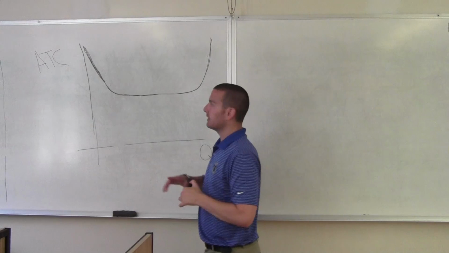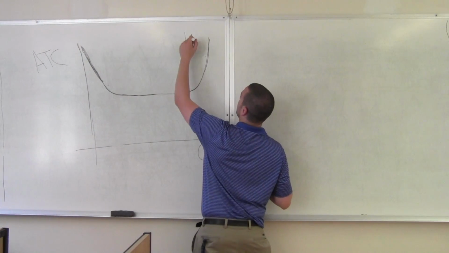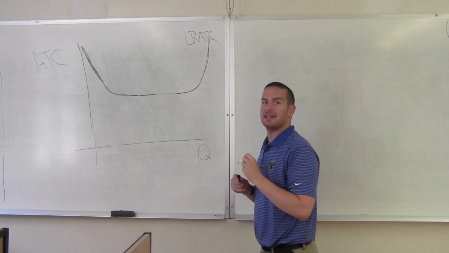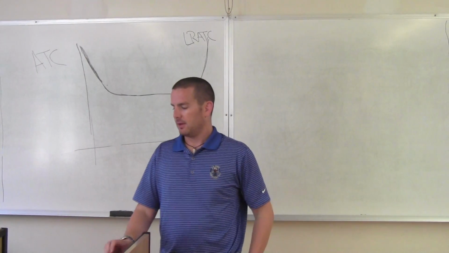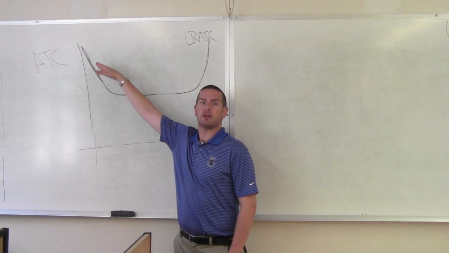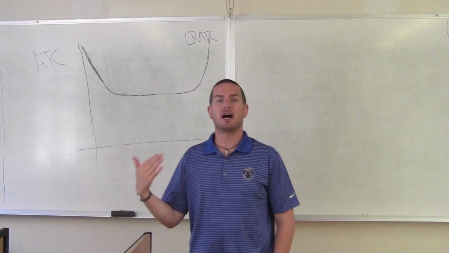In the beginning, average total costs are falling. I should write that up here too. Long run average total cost, LRATC. In the beginning, it's starting to fall. Why are they falling? Because of something called economies of scale.